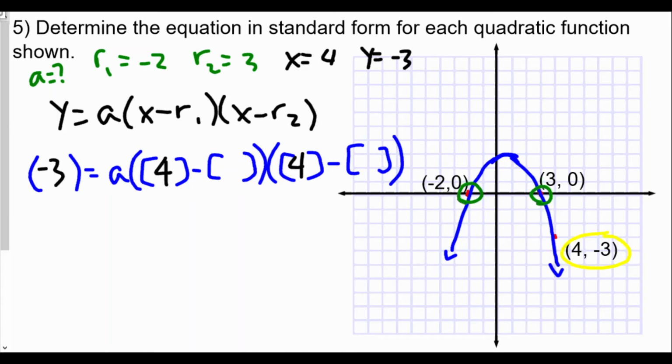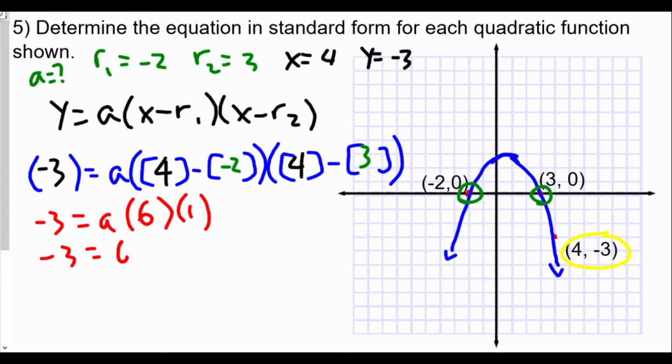Our r1 is -2, and r2 is equal to 3. So now we're going to simplify. We have -3 is equal to a times, now 4 minus -2 is going to be +6, and then 4 minus 3 is going to be 1. That means -3 equals 6a. If I divide both sides by 6, a is equal to 1/2.